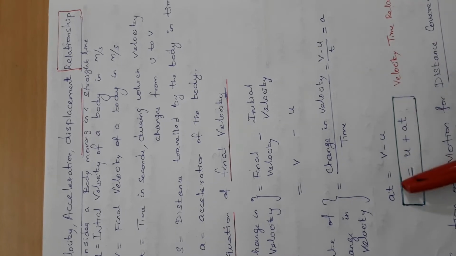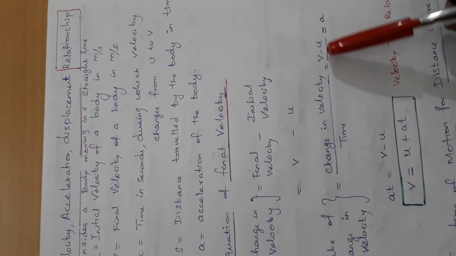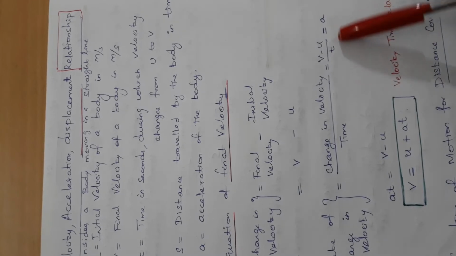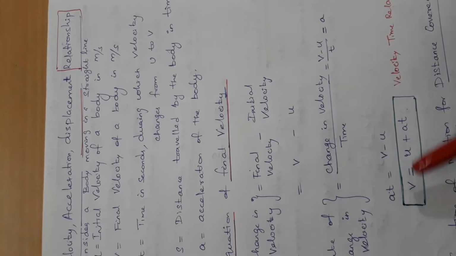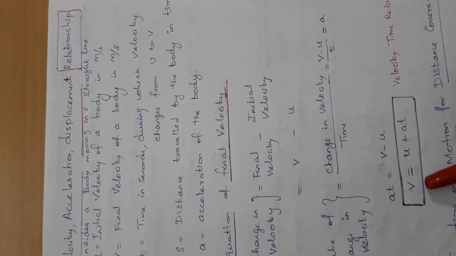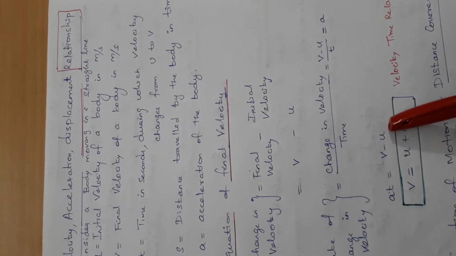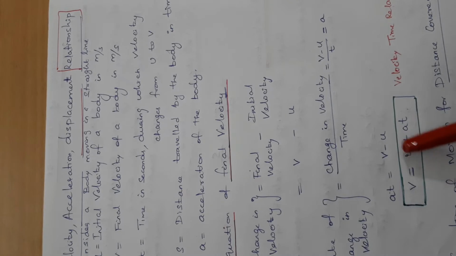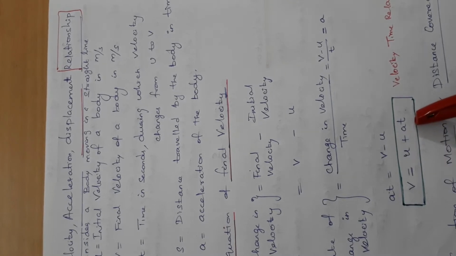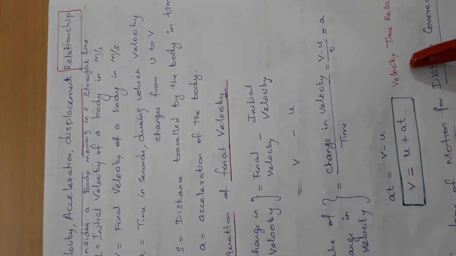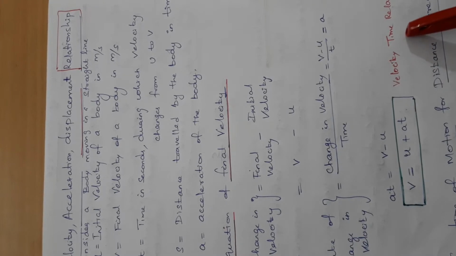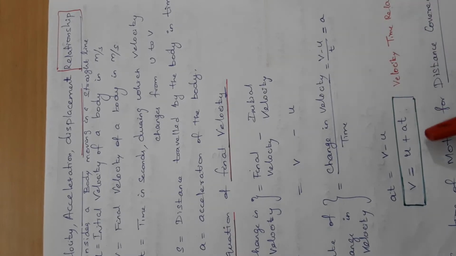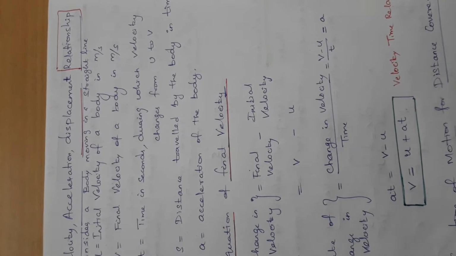When we rewrite it, v minus u is equal to a into t, and bringing the u from the left side to the right side, v is equal to u plus at. This is called the velocity time relationship. Whenever there is a relationship between velocity and time, we have to use this formula to solve the problems.